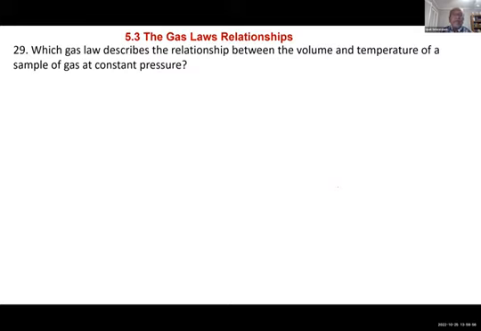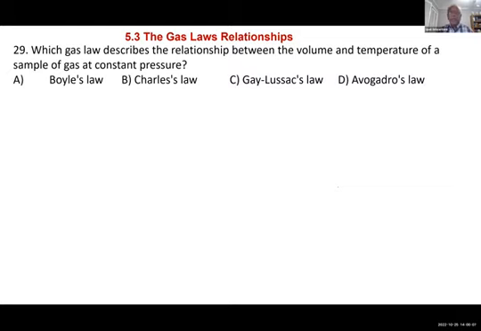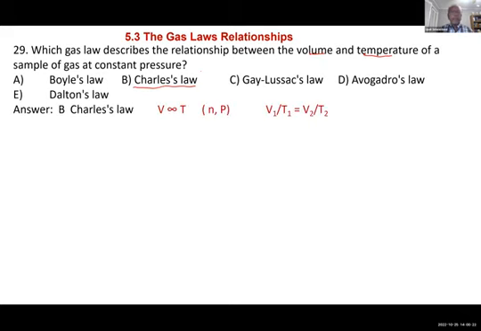Which of the gas laws describes the relationship between volume and temperature of a sample of gas at constant pressure? Volume and temperature is Charles' law. Charles' law is volume is directly proportional to Kelvin temperature. The equation is V1 divided by T1 is equal to V2 divided by T2.